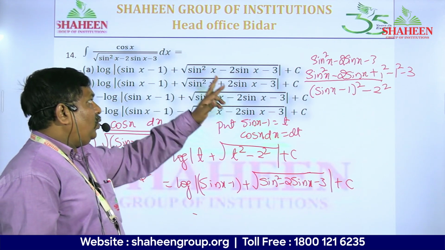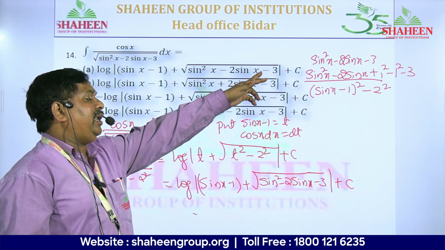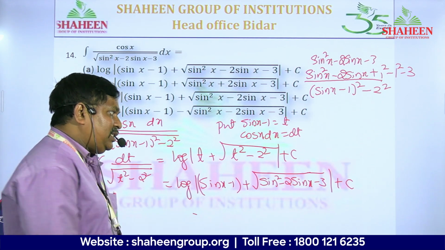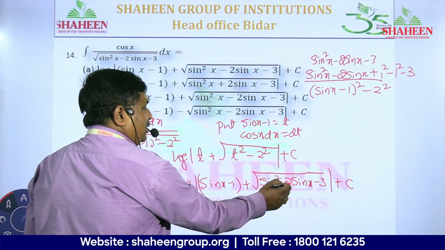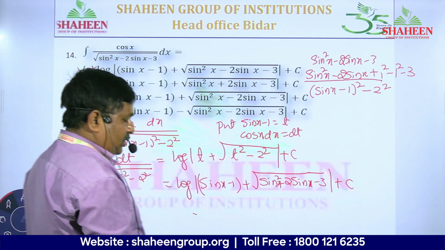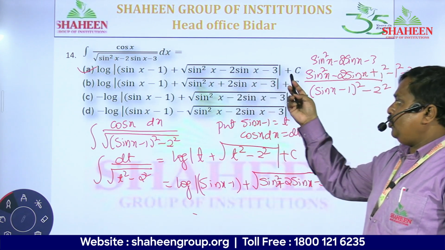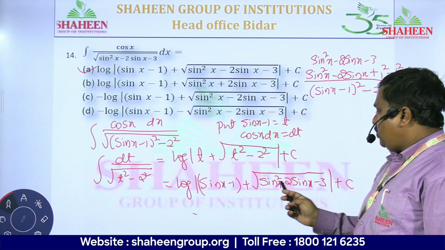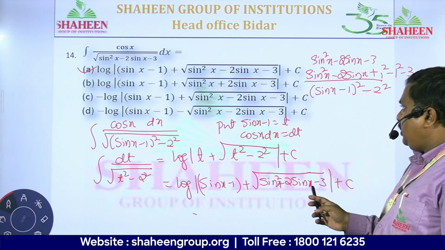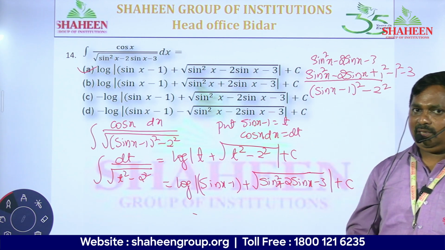In under root, the first term is positive sin square x, and the second and third terms are negative. It means the first option is correct: sin square x minus 2 sin x minus 3. The first option is correct for this question.